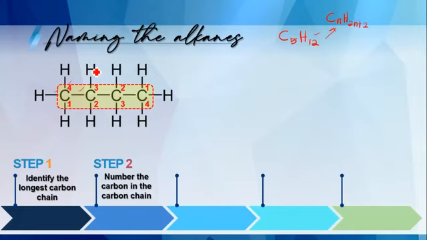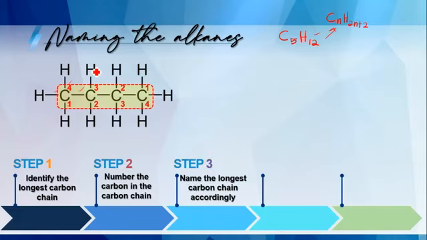I show you here there are 2 ways of numbering: you can start from the right or you can start from the left. At this stage you might not see the significance of this practice, but later on when we see more complicated molecules, you're going to see that this practice is quite essential in order for you to get the correct name.